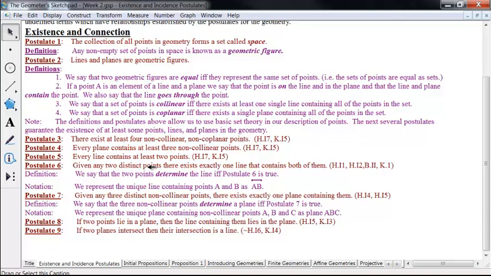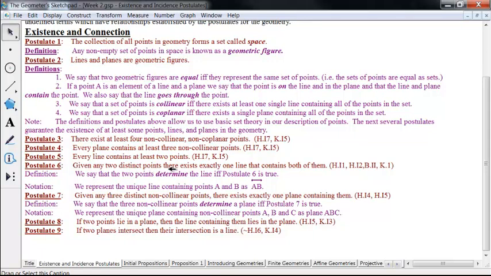We'll see that that's going to be what we mean by a line in spherical geometry. And of course, if you take two points that are on opposite ends of a diameter of that sphere, say the North Pole and the South Pole on the Earth, then there are infinitely many lines going through them. And so postulate 6 doesn't work. So we have to modify it.